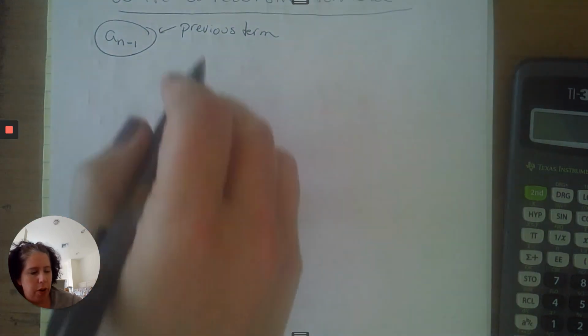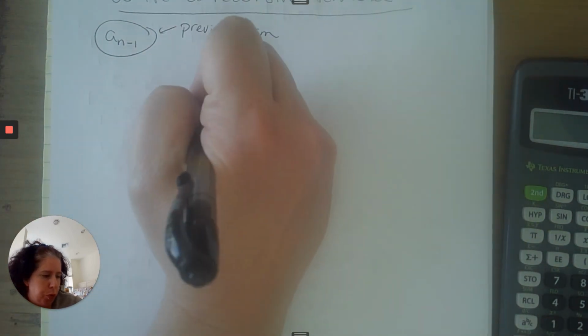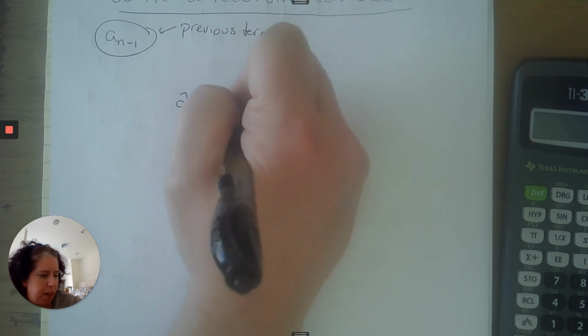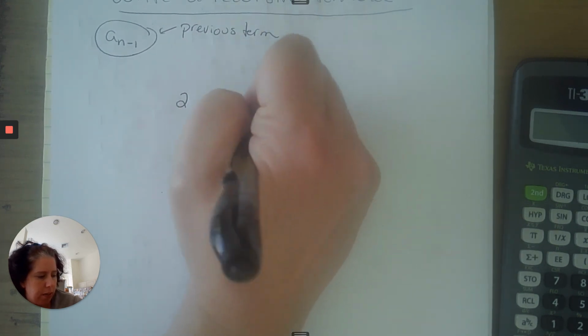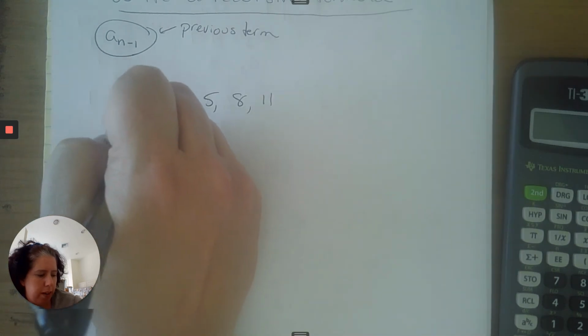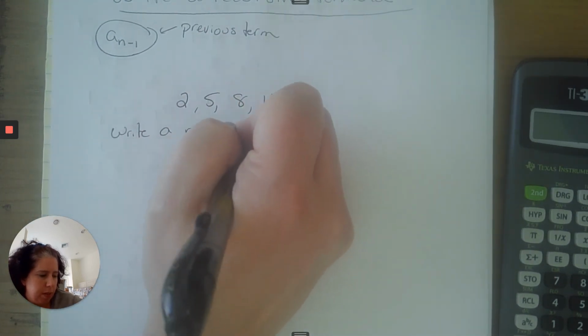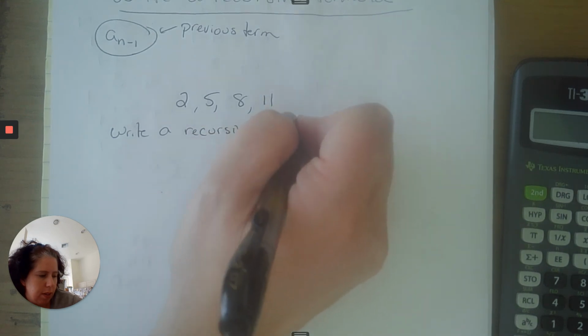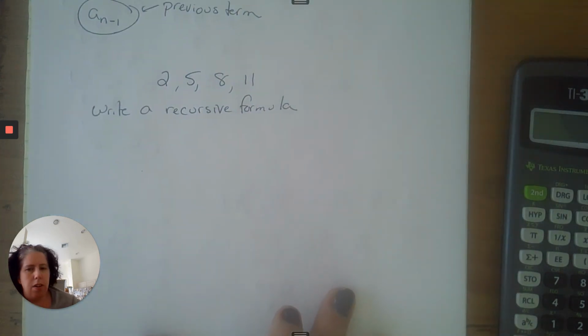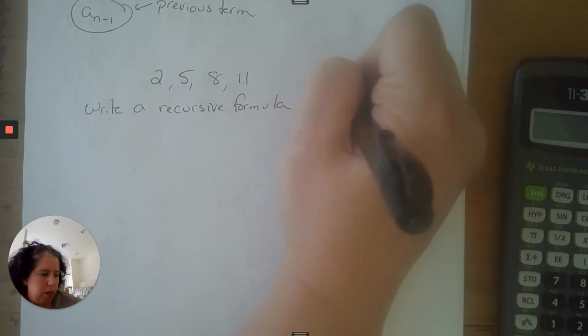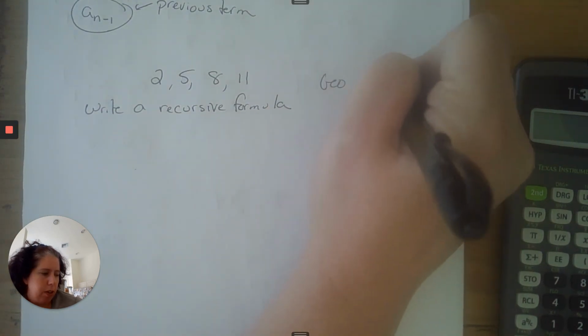Okay, so if I give you something like this, 2, 5, 8, 11, and I want you to write a recursive formula, first of all, figure out, is it geometric or is it arithmetic?